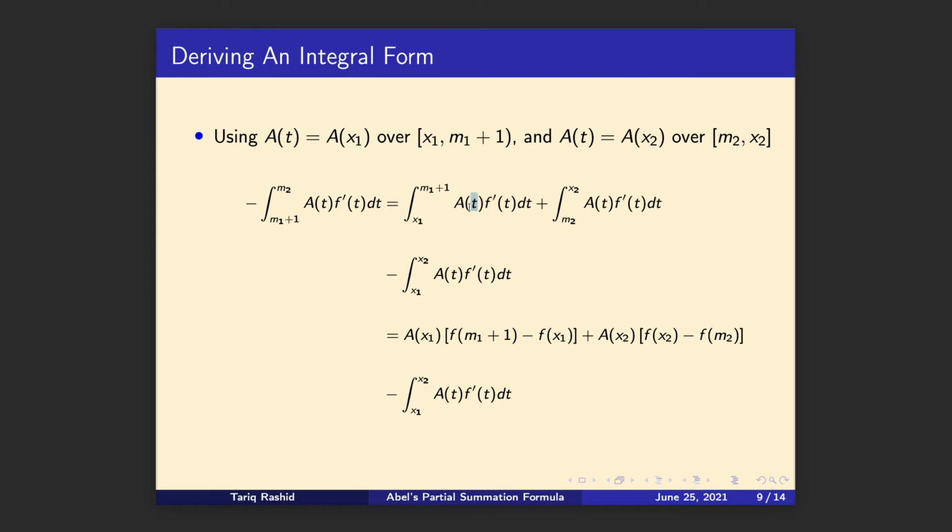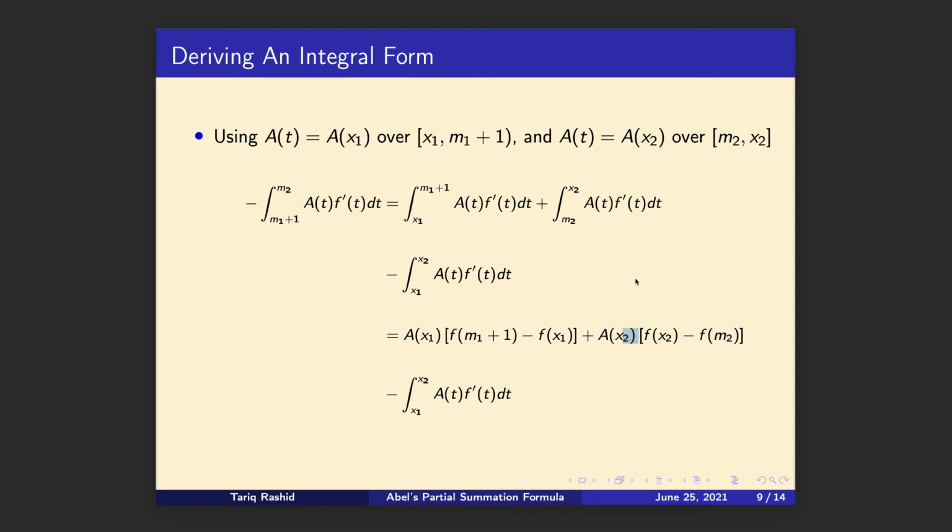And this one then is a_x1 of, and the limits are f(n plus 1) minus f(x). That's easy to see. Remember, that's the first derivative. So when you integrate it, it's just f at the limits. And this thing here is the same. It's from x2 minus m1, there's those limits.